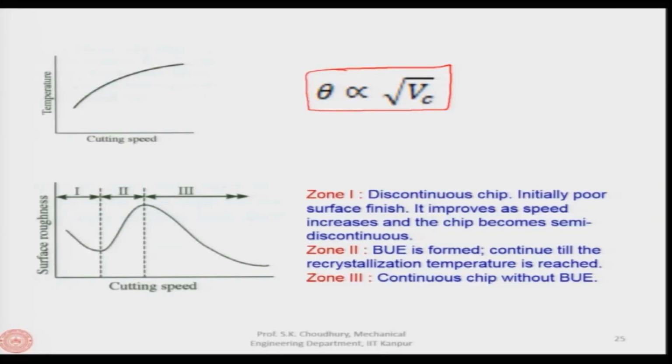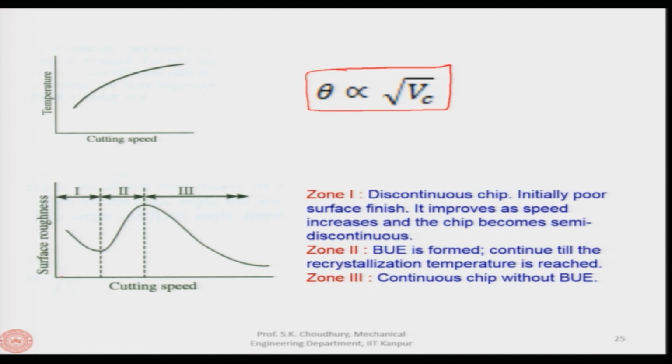So, now let us see what happens, now that we know that there are discontinuous chips, there are continuous chips, there are chips with the built up edge formation. Here, as the cutting process progresses, as the cutting speed increases, what happens with the surface roughness or the surface finish. Okay.